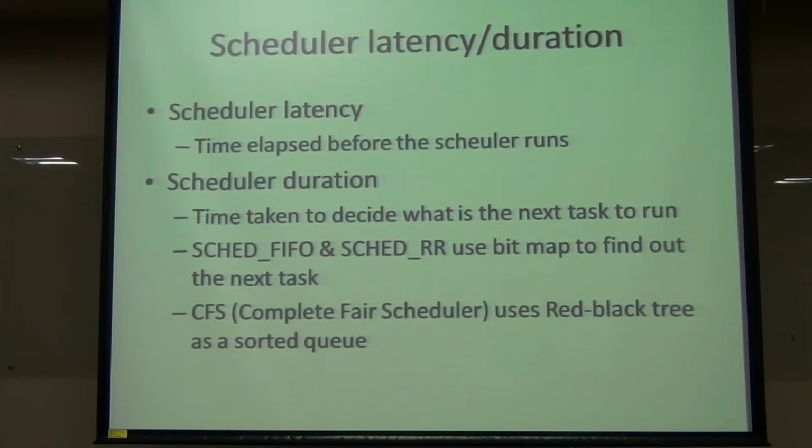So that's closer to constant-time scheduling. On the other hand, normal scheduling, CFS, uses a red-black tree, which is a balanced tree. Popping time is constant, but inserting time and sorting that red-black tree depends on how many processes are inside that queue.